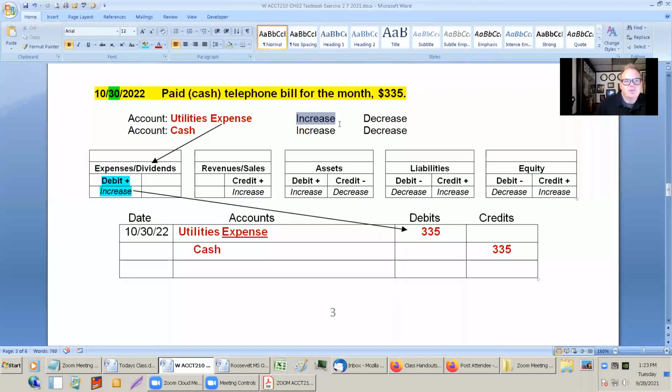Okay, now filling this in, expenses are going up. Cash is going down. We're paying this bill. So I'll go ahead and fill this in.